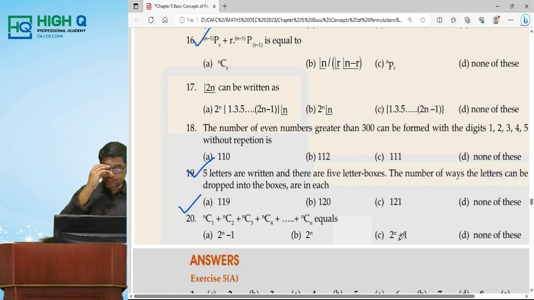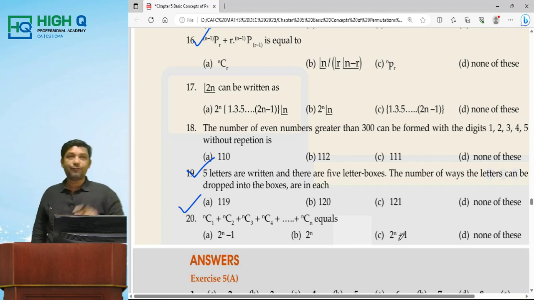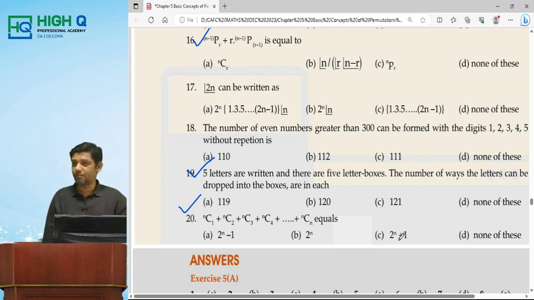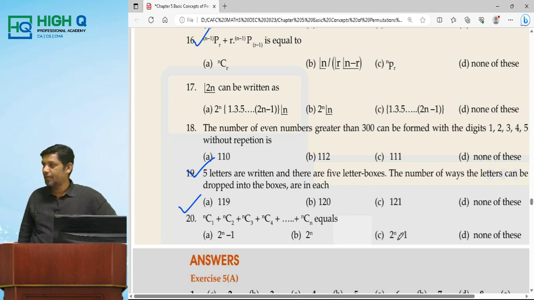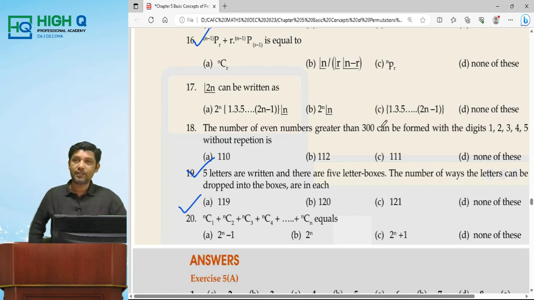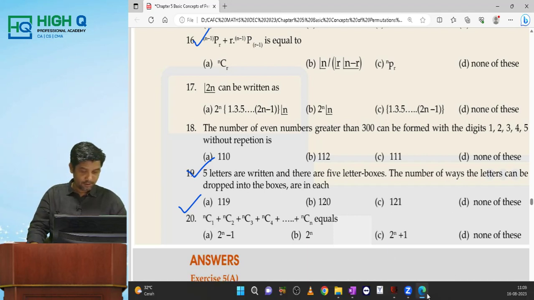If the same question comes, remember the answer. If a similar type of question with different numbers comes, ignore it. The answer is 111. Okay, let us start. The number of even numbers greater than 300 that can be formed with the digits 1, 2, 3, 4, 5. Without repetition, it is mentioned. Am I right, my dear?